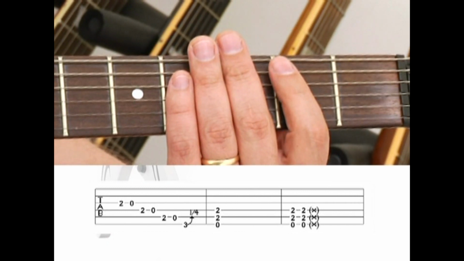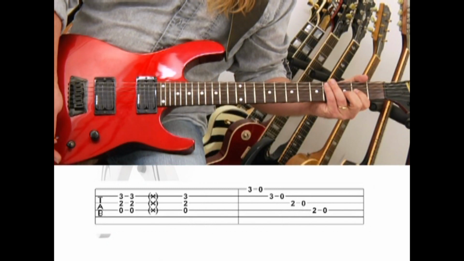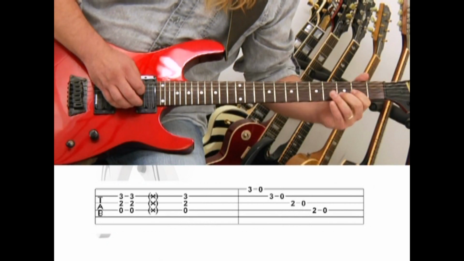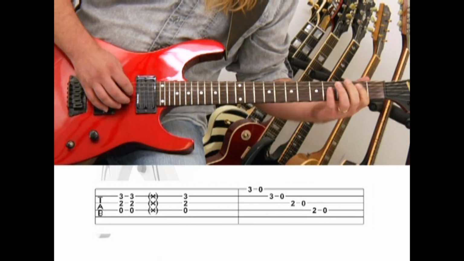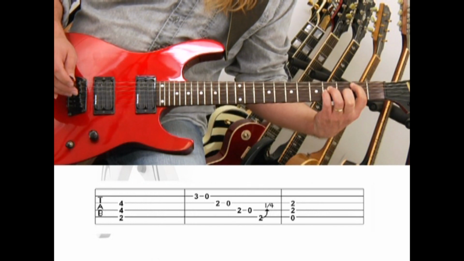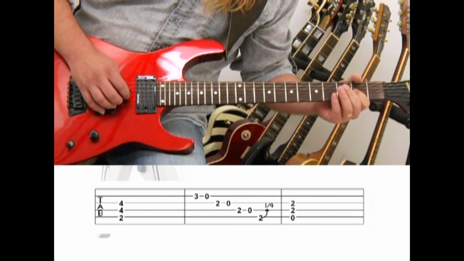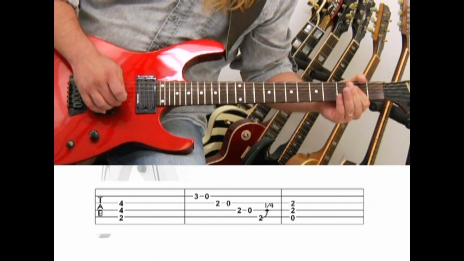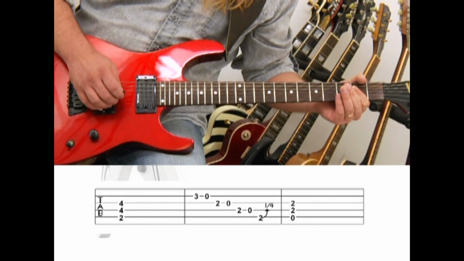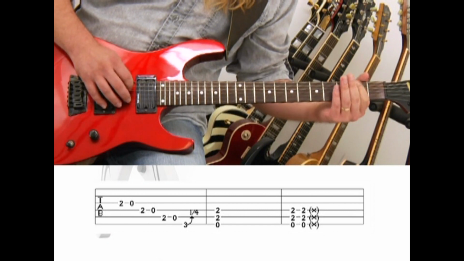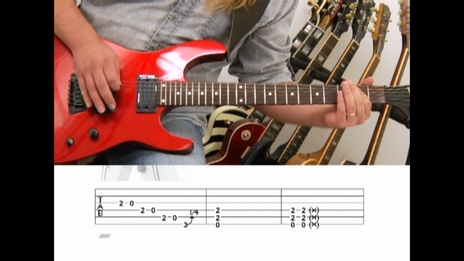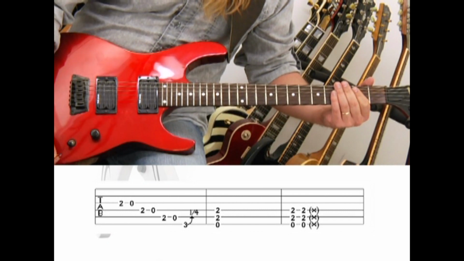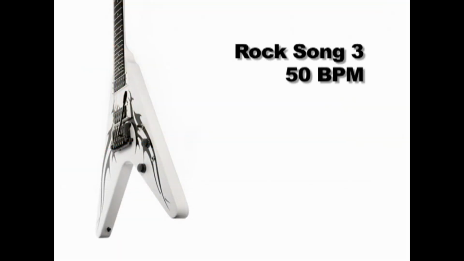Let's put the end tag together with a tempo. Now, let's put all of the exercises from section 3 together and play them in order as our 3rd rock song.